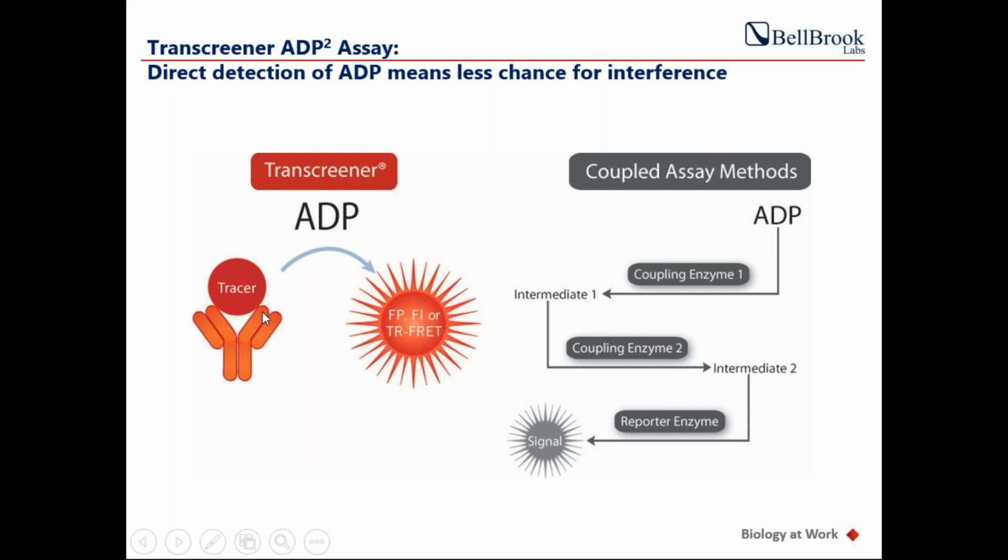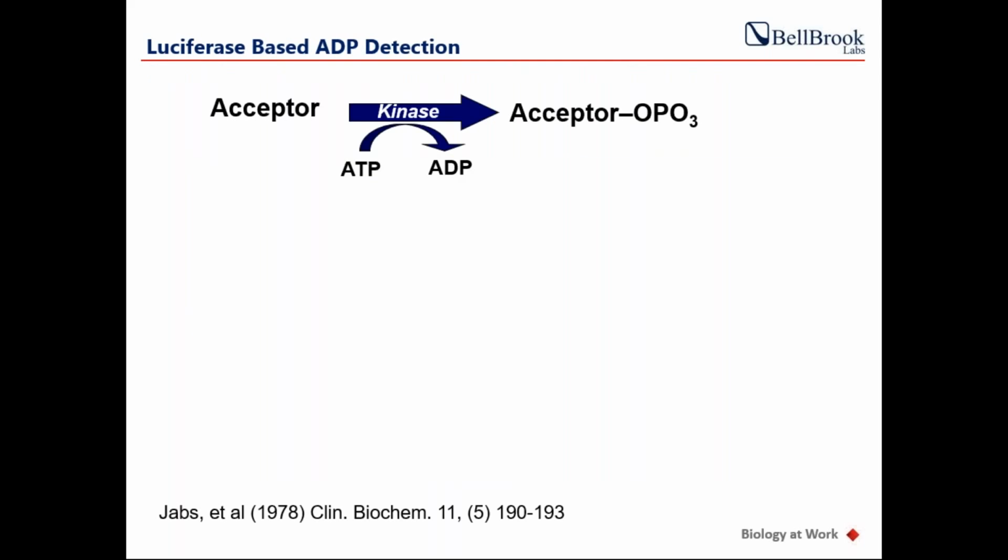ADP is binding to an antibody, displacing a tracer, and you're getting a change in the fluorescence properties of the tracer. The other ADP detection methods aren't actually detecting ADP. They convert ADP to something else through a series of enzyme-coupled reactions, which is then detected. So our assay is simpler, and we believe for that reason less subject to interference.